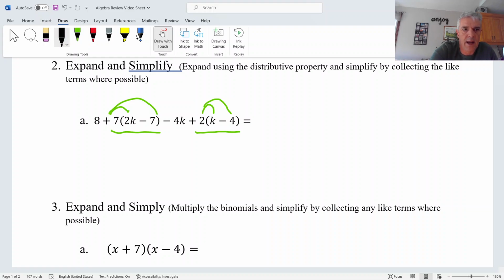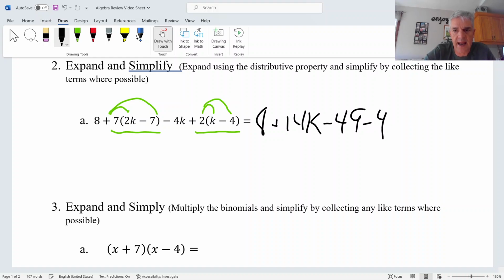So if I'm going to do my answer here, what I'm going to get is 8 plus, and now I'm going to say 7 times 2k, that is going to be 14k, okay? Then the 7 times the minus 7, which is minus 49, okay? And then I'm going to write minus 4k again because it's not multiplying.